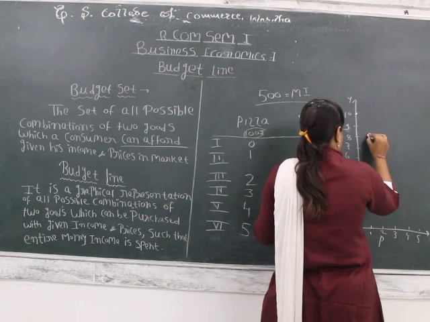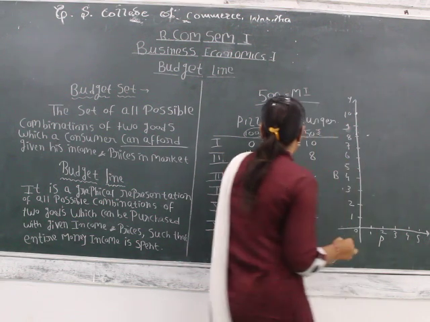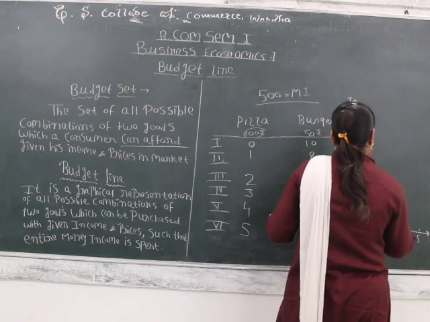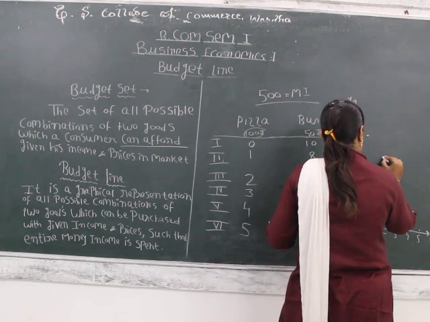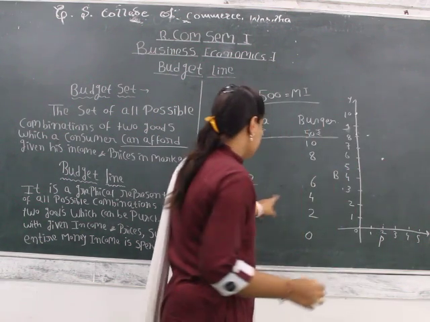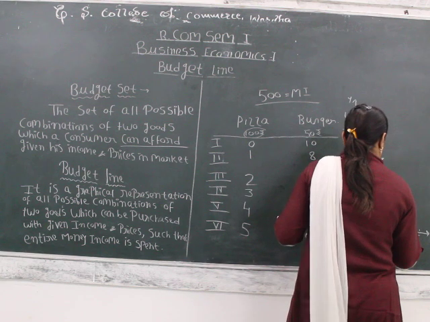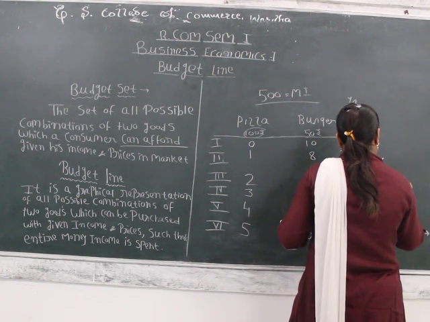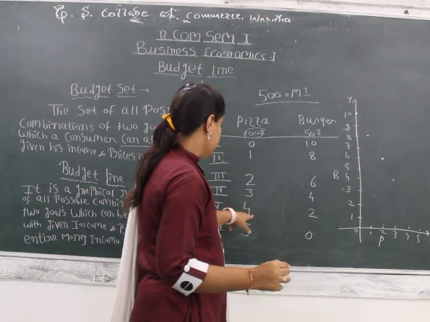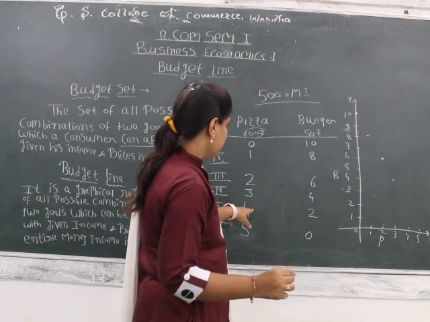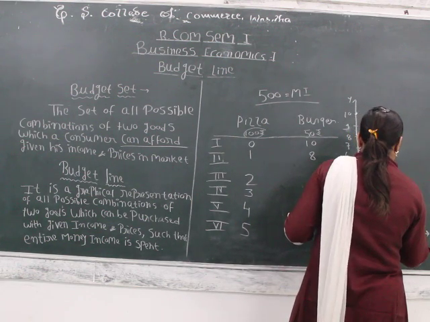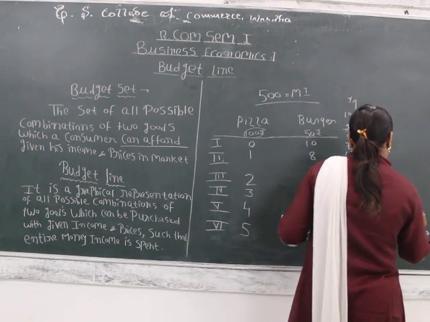So the point is going to be here. Then we have 1 pizza and 8 burgers, so the point is going to be here. Then 2 pizzas and 6 burgers, the point is going to be here. Then 3 pizzas and 4 burgers, so the point is going to be here. Then 4 pizzas and 2 burgers, the point is going to be here.